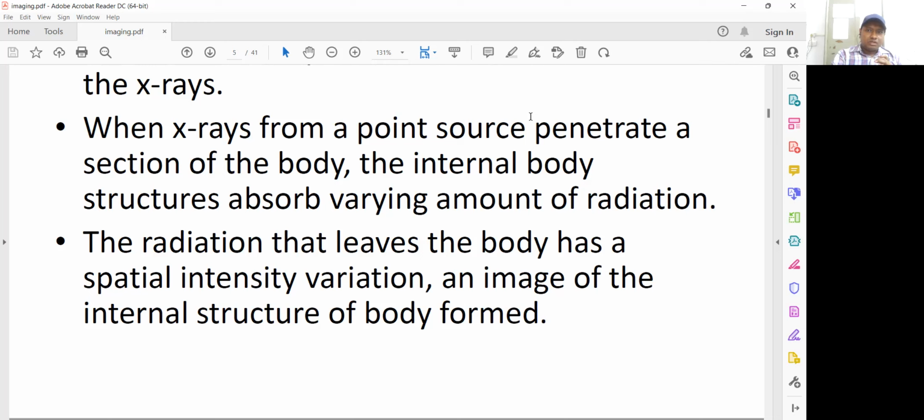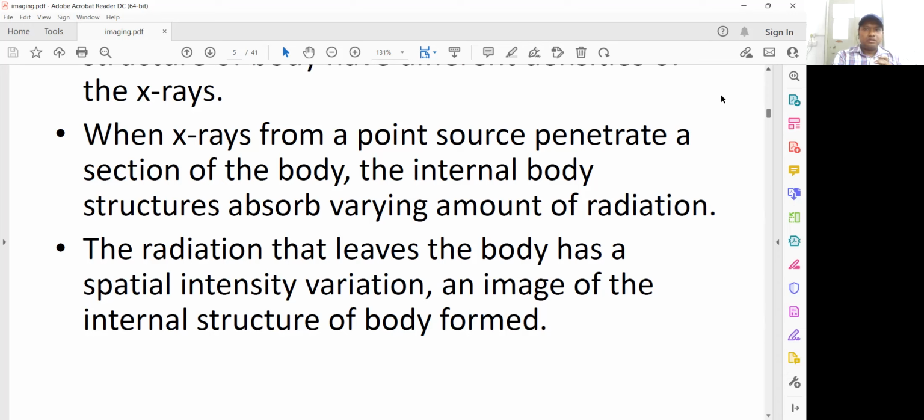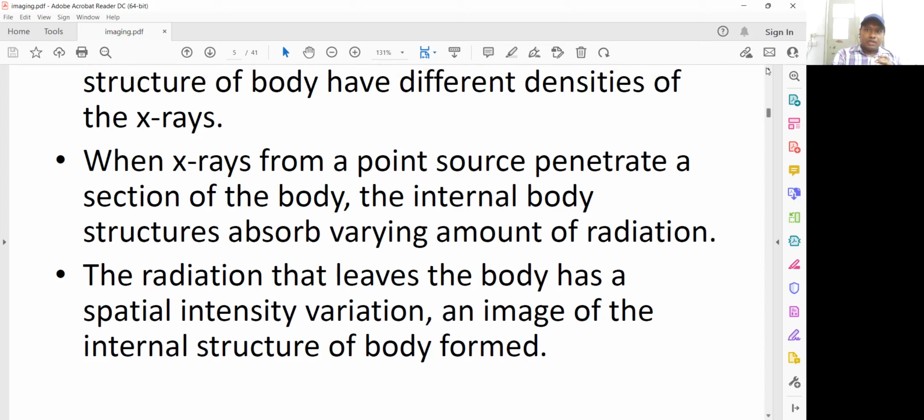So in this point, I mentioned that when the X-rays from a point source penetrate the section of the body, the internal body structure absorbs varying amounts of radiation. On that figure, we have seen that the bony structure is absorbing the maximum of the X-ray energy.